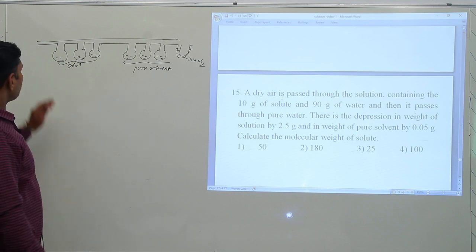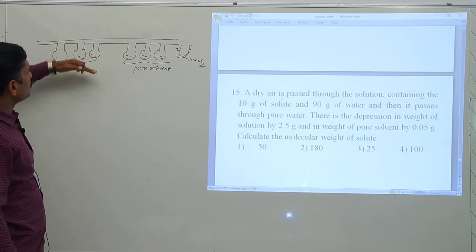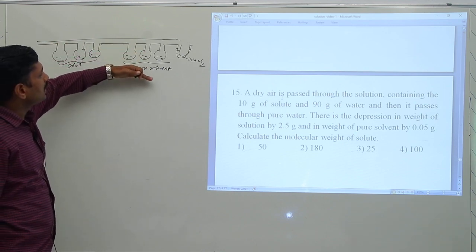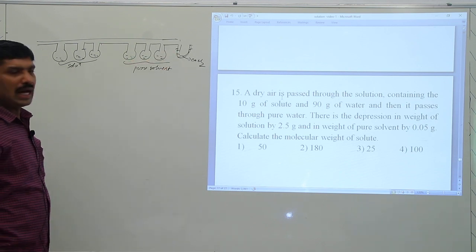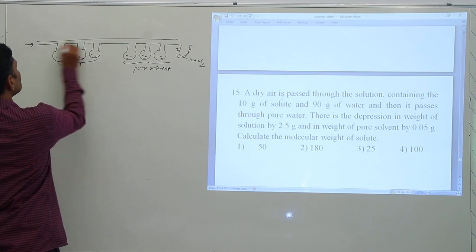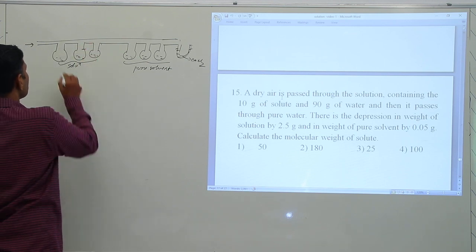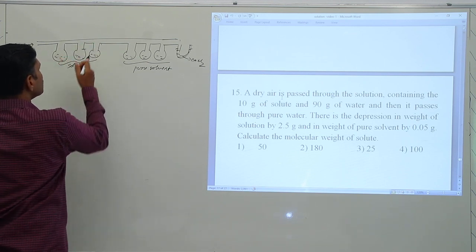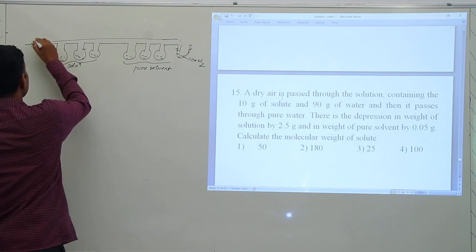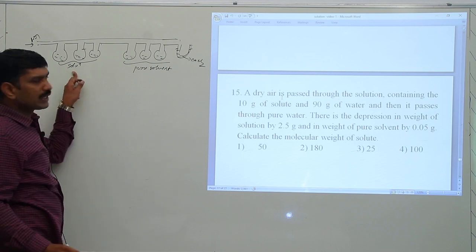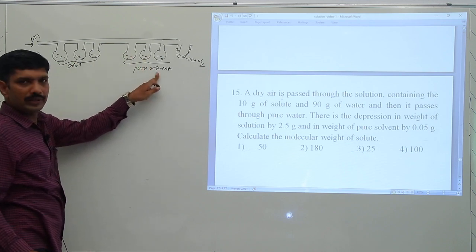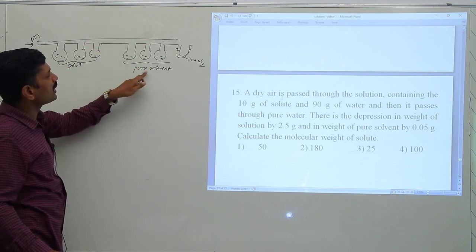Actually, first pure and dry air. First of all, the weight of the solution bulb and the weight of the solvent bulb are determined, and the U tube also. Afterwards, pure and dry air is passed through it. The air absorbs the vapors from the solution, then passes through the pure solvent. Here also vapor is absorbed by the pure solvent.